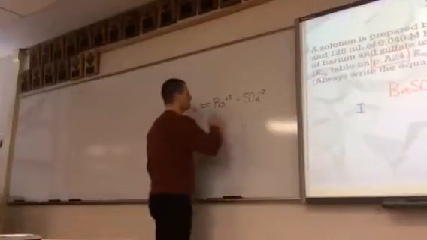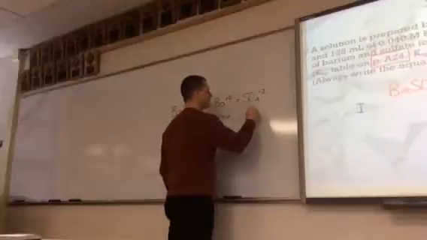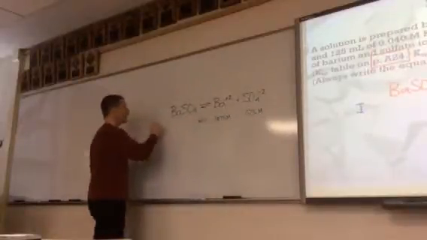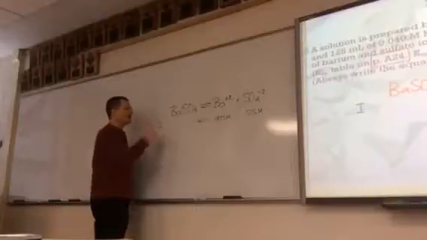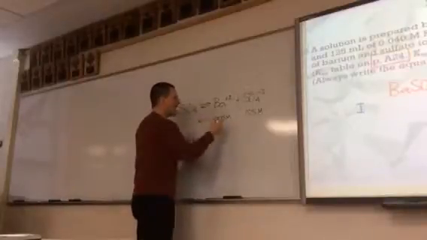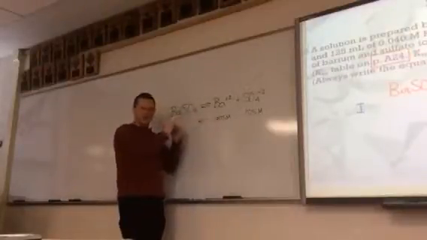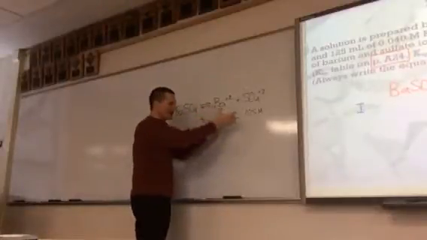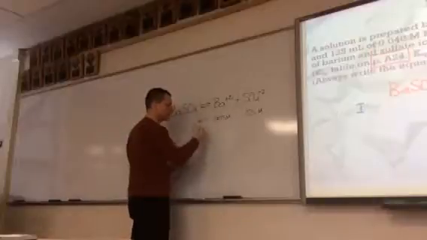So this was 0.0075, 0.025, and we know that Q is greater than K, so it's going to shift all the way back this way. So we have the initial line. Now we're assuming that it goes as far left as possible. That means one of these two reactants is going to run out. I say reactants, they are products, but one of these two is going to run out as it shifts this way.